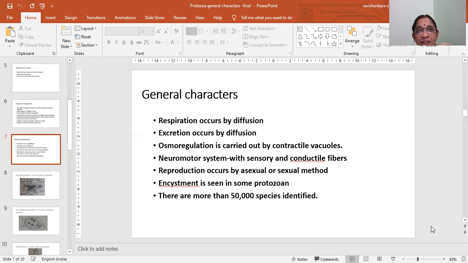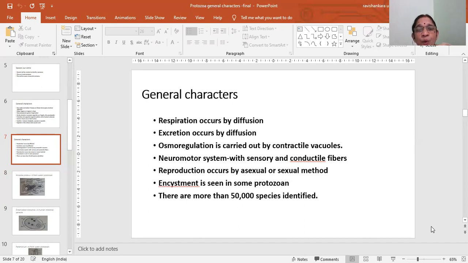Sexual method of reproduction means formation of a varied offspring, where variation has to be observed in the cell. Conjugation is one method of sexual reproduction in certain protozoa. There will be a union of two different strains of protozoa, and genetic material will be exchanged.